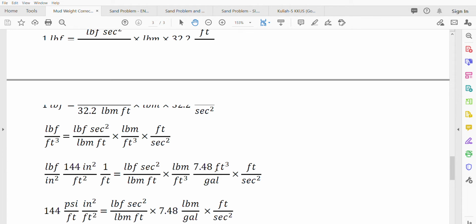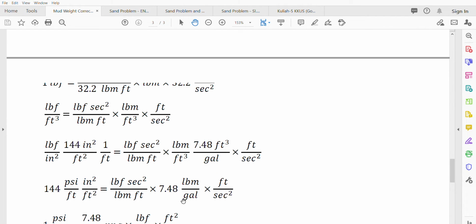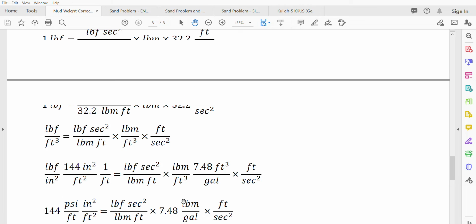So we have feet per gallon. We end up with something like this: psi per feet, with in square per feet square, and the whole number is still here, and 7.48.